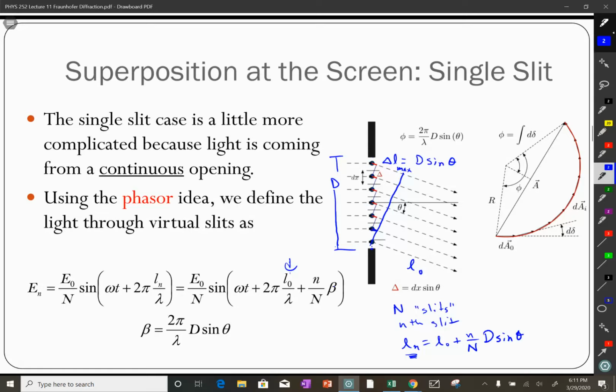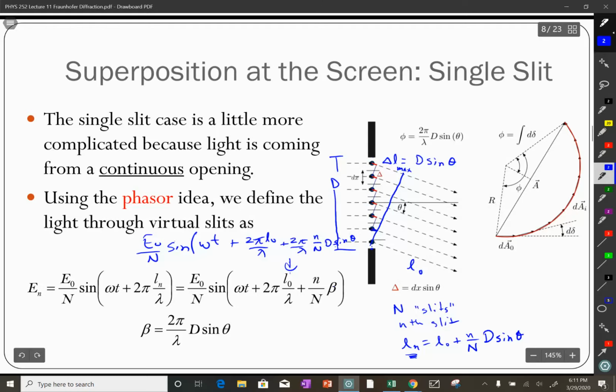So the missing line is E0 over N sine of omega t plus 2 pi L0 over lambda plus 2 pi over lambda times lowercase n over capital N D sine theta.